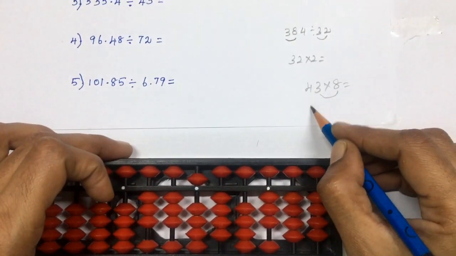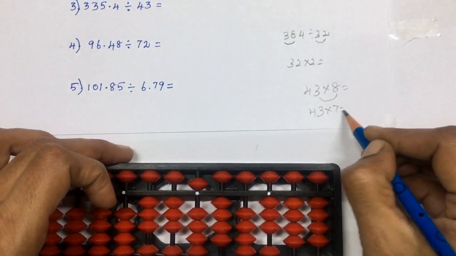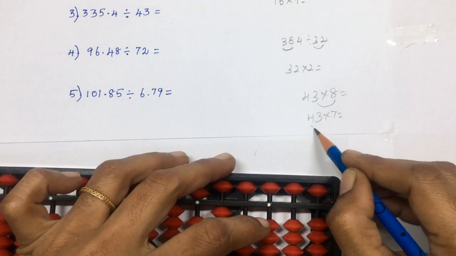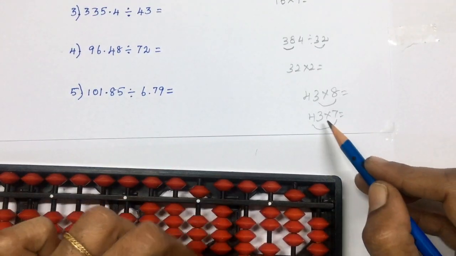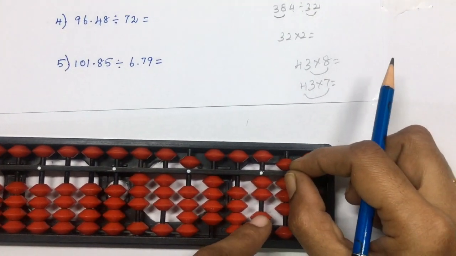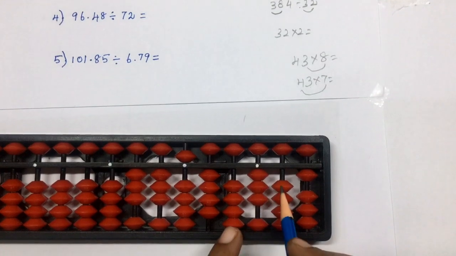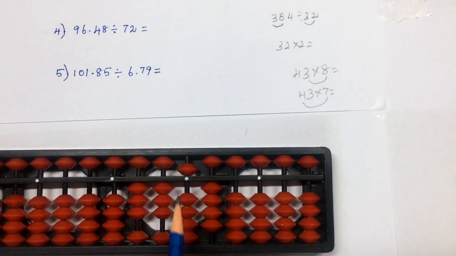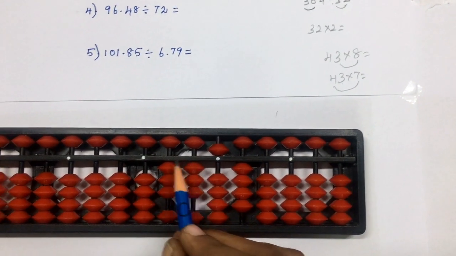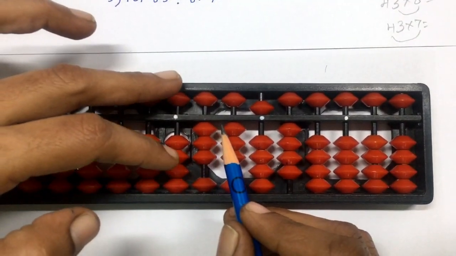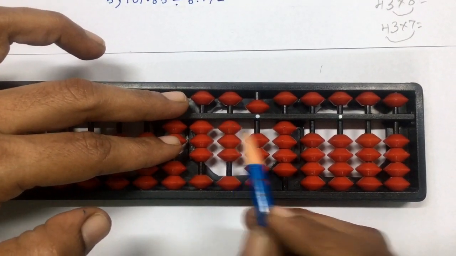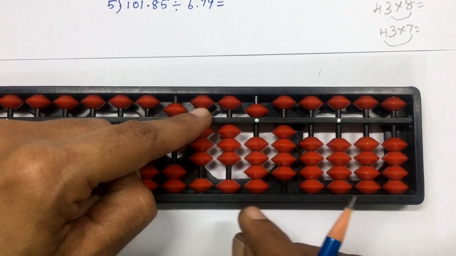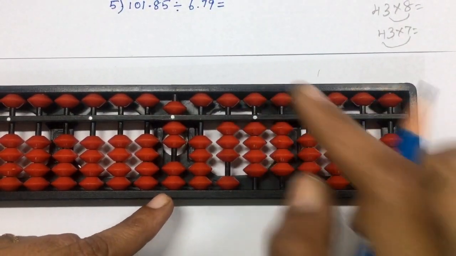So we should try for 7 times. 4 7s are 28, 3 7s are 21. So 301 is the nearest answer. From here, we have to jump 2 rods. Set the quotient here, 7 times is 301. So we have to do minus 3, 0, minus 1.